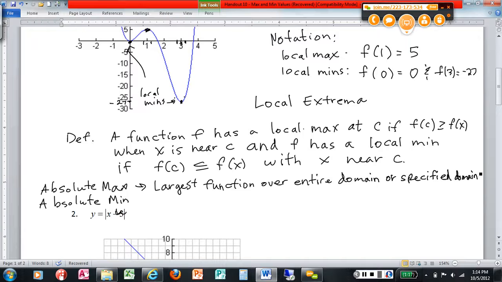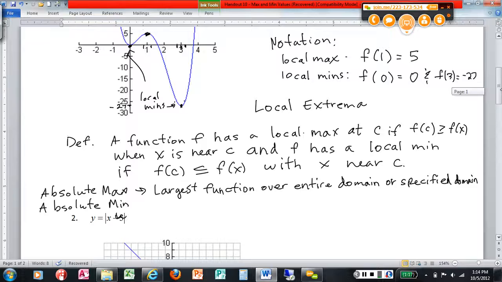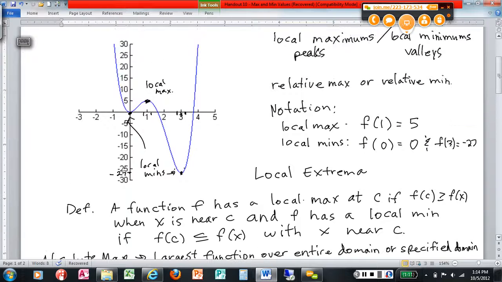This one's not a good example for absolute max, because if we go back to the example I have here, does this one have an absolute max? Well, the absolute max is the largest value for the entire domain. And since these values go up and that graph just continues going up and up and up, there is no absolute max on this graph.